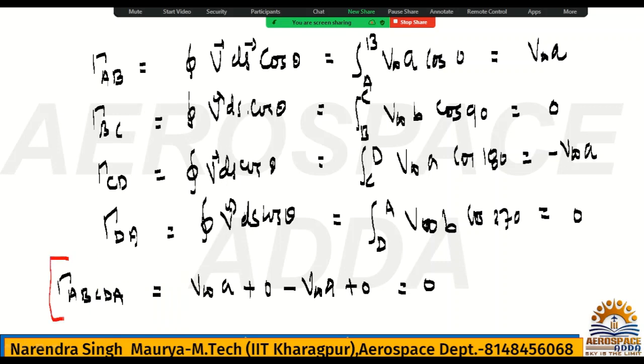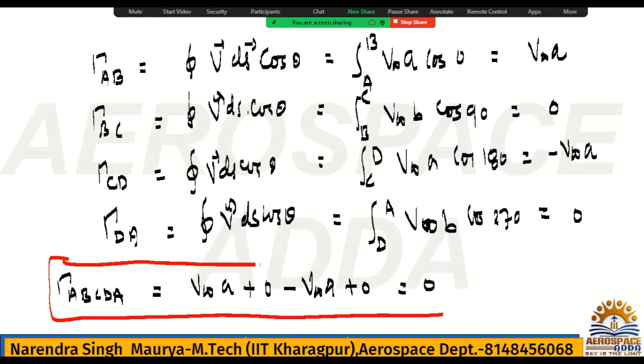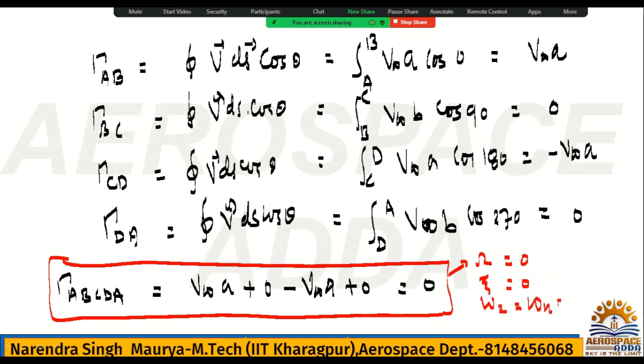And if circulation is 0, what does it indicate? Omega 0, or you can say zeta 0, or angular velocity 0. What it indicates means irrotational.